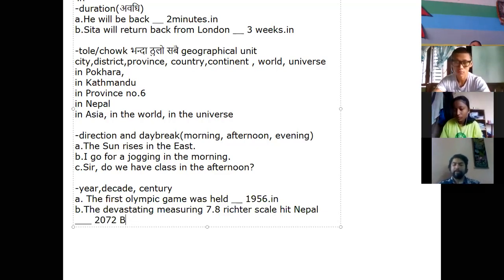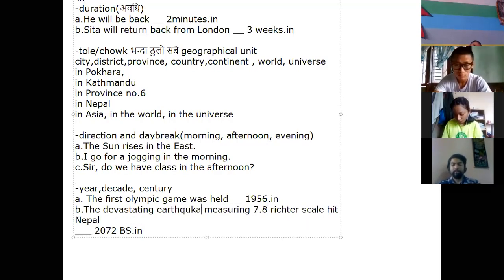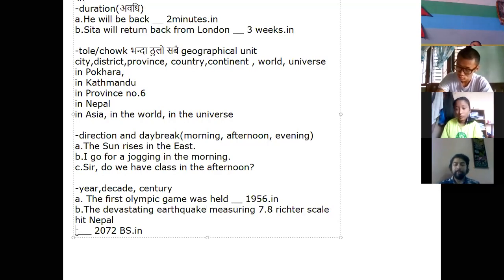So what is 2072? Is it a year? Yes, it is a year. So the preposition you apply is in. The devastating earthquake measuring 7.8 on the Richter scale hit Nepal in 2072 BS. Because this is a year, right?